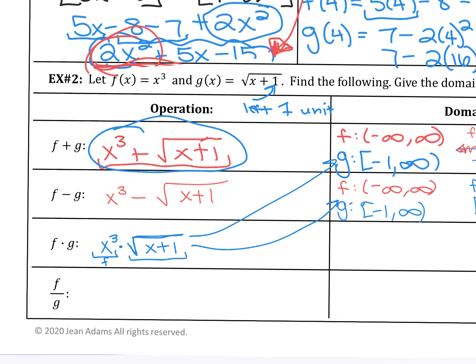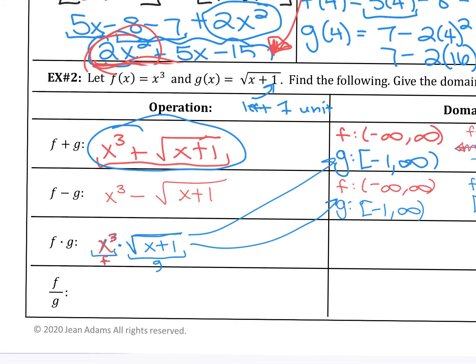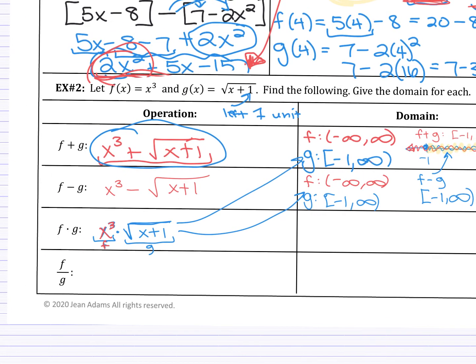F was in red, and g was in blue. And again, the individual functions still have the same domain, so the product of those two functions will have a domain from -1 to infinity, because the two individual functions have domains that overlap from -1 to infinity. So this is the domain for f times g.